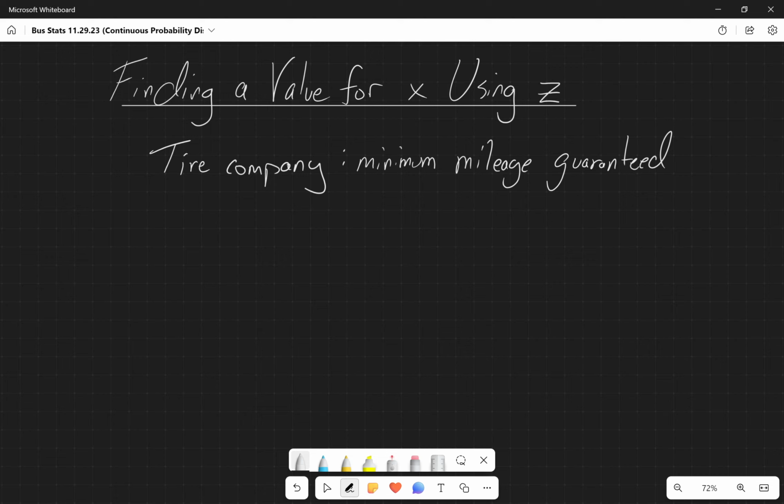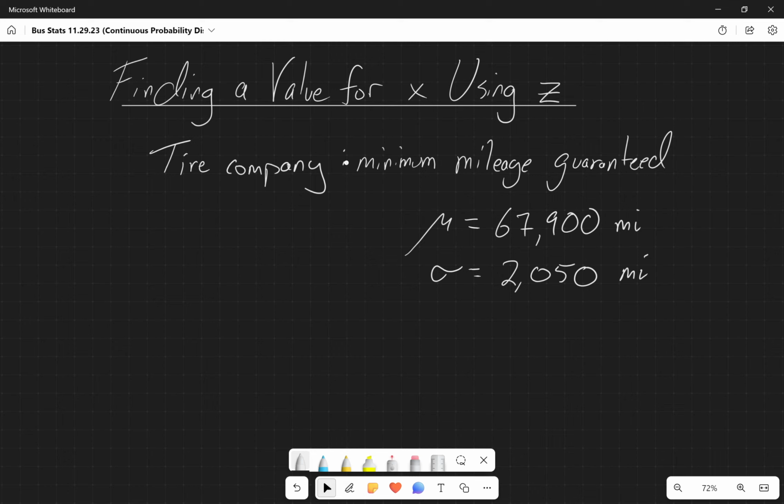Their new MX 100 tires. Tests reveal that the mean mileage is 67,900 miles. The standard deviation that we have is 2,050. What are the units of the standard deviation? Always the same units as the mean and the data, right? So it's miles.